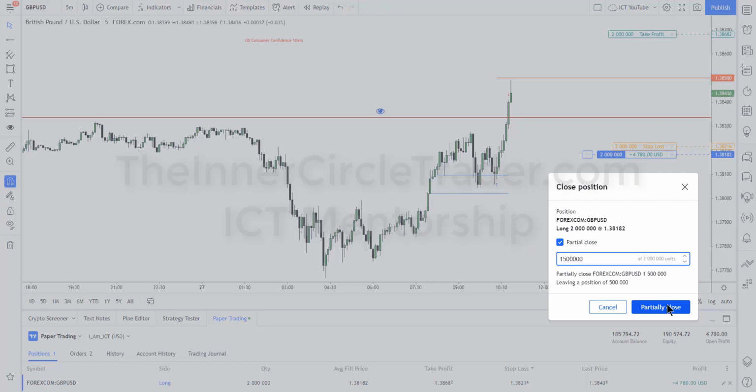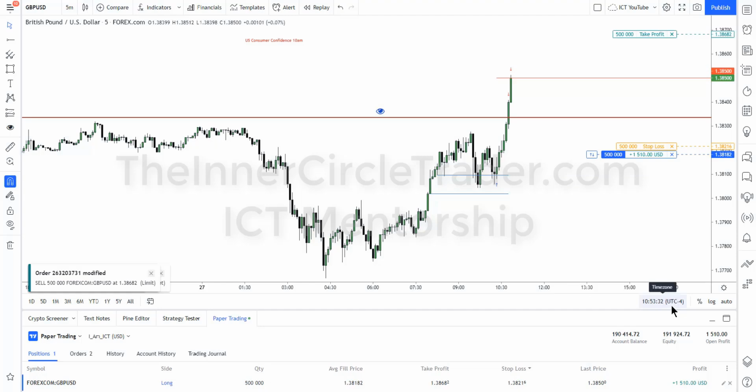Stops have been rolled to better than break even. My eyes watching that 50 level, and here we are.